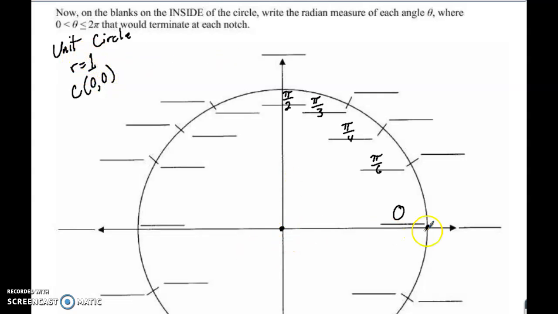Radius is 1. That means to get to this point, it just has to go to the right one. So that's the ordered pair 1, 0. Pretty easy, right? We can also do that going straight up. Pretty easy: 0, 1.